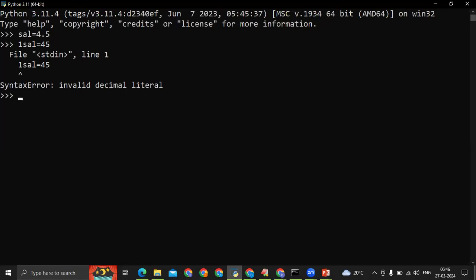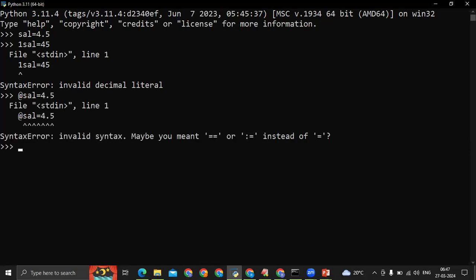Syntax error. Invalid decimal literal. If I write 123_sal is equal to 2.3.